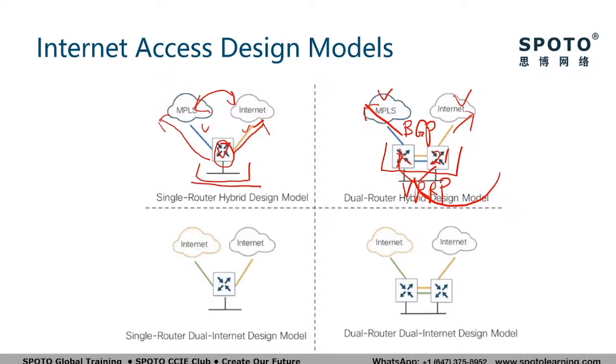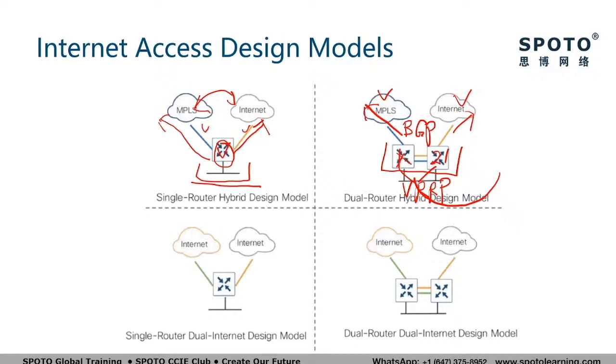Nowadays, because of the cost of internet circuits, they become faster and faster and the cost reduced significantly, especially with the fiber access. So with this DMVPN IPsec tunnel or with SD-WAN solution, it's not necessary to have a dedicated MPLS circuit anymore.